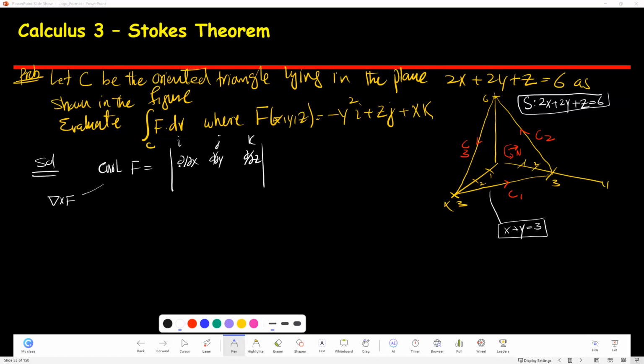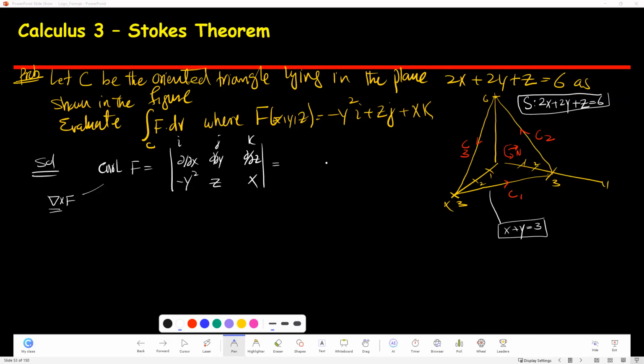I told you that you always write gradient first, so you should have this gradient line here. If you reverse it, writing gradient later, all the signs flip, and your answer would not be correct because cross product is direction oriented.